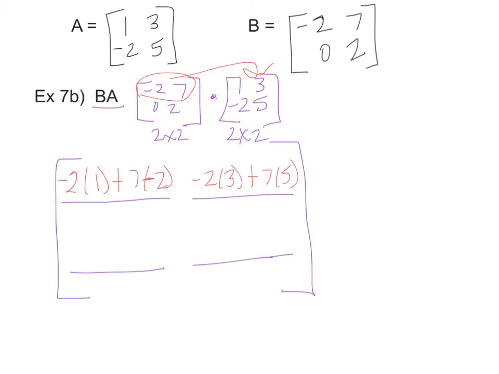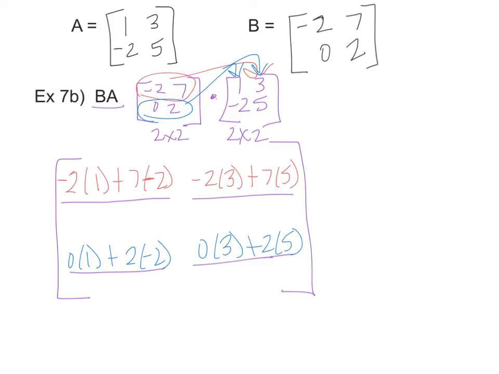And on the bottom, I have 0 times 1 plus 2 times negative 2. And 0 times 3 plus 2 times 5. All I'm doing here, the exact same thing is happening. I'm taking this column, turning it on its side and matching it up.